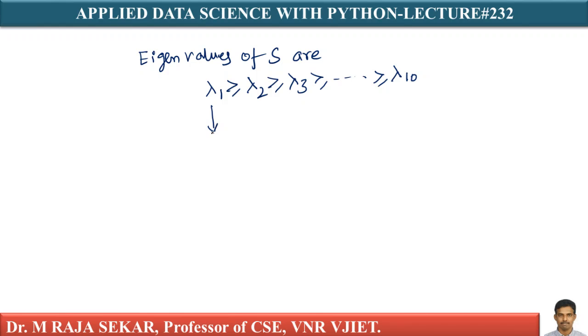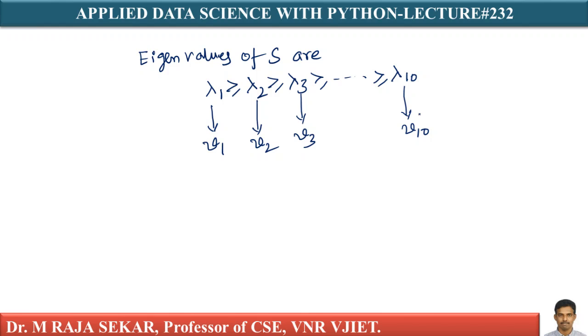Correspondingly, I have eigenvectors. V1 is the eigenvector corresponding to the top eigenvalue, lambda 2 has eigenvector V2, V3 corresponds to lambda 3, and V10 is the 10th eigenvector corresponding to the 10th eigenvalue.